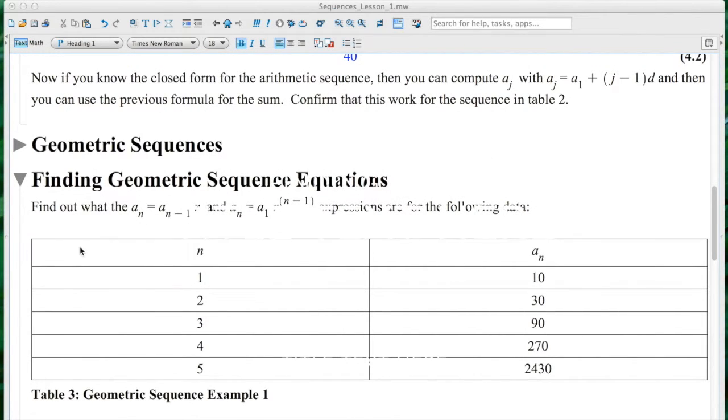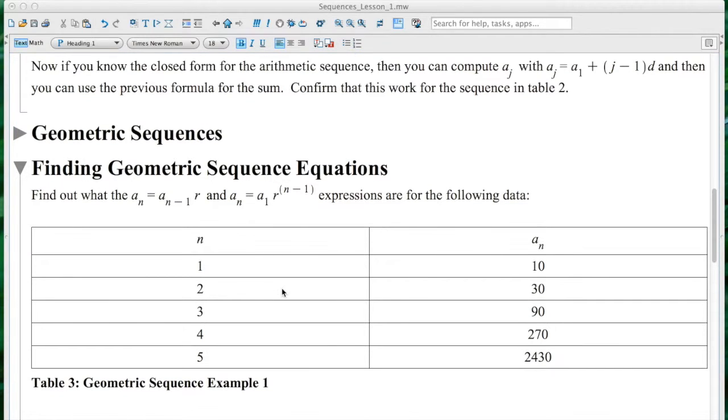Okay, so now we're going to look at some geometric sequences when we have the information about the successive terms. And we've just gone over the forms for the recursive and the closed form geometric sequences.